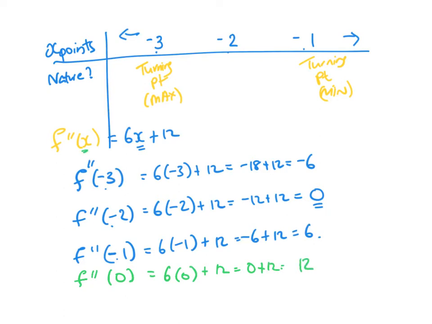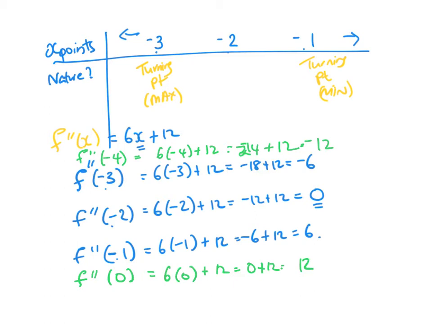I'm going to do f double dash, so second derivative for -4. So I'm going to plug in 6 times -4 plus 12 there, which is -24 plus 12, which is -12 together.